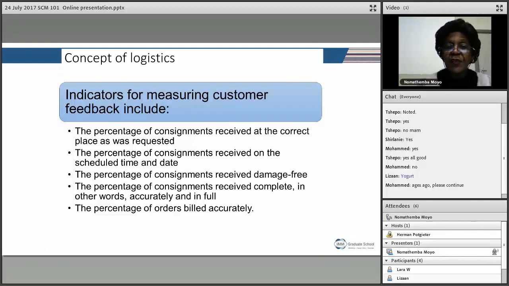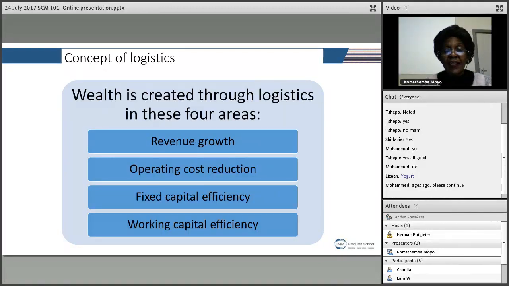The percentage of consignments received at the correct place, as was requested; the percentage of consignments received on the scheduled time and date; the percentage of consignments received damage-free; the percentage of consignments received complete, in other words, accurately and in full; the percentage of orders billed accurately. So those are indicators.